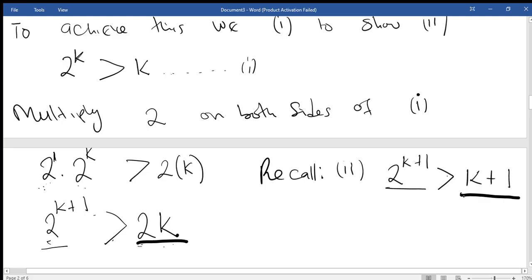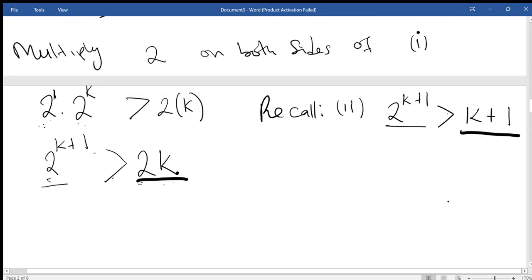So what do we do in the comparison? If we let k be any number, let's say k is equal to 3 or k is equal to 4. If k is equal to 4, you're going to have 2 times 4, which is 8 here. If k is equal to 4 here, this will be 4 plus 1, which is 5 there. So who is bigger than the other?